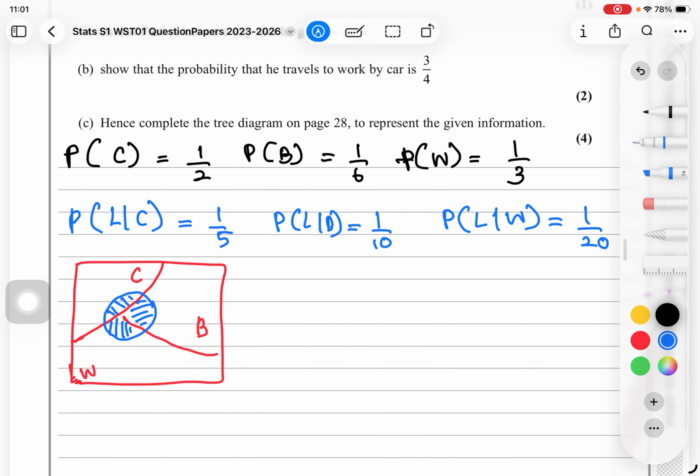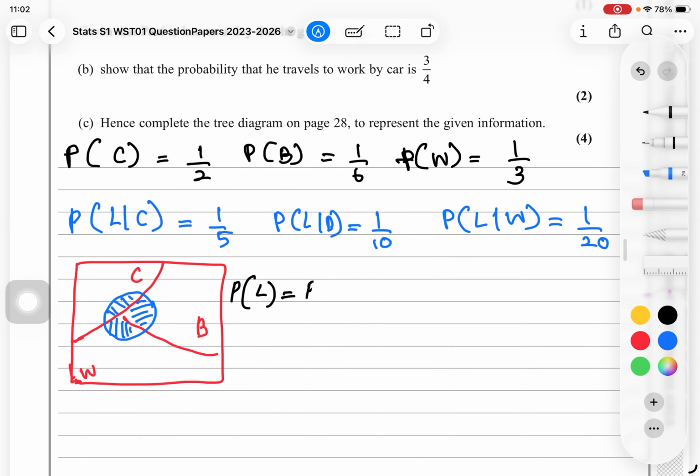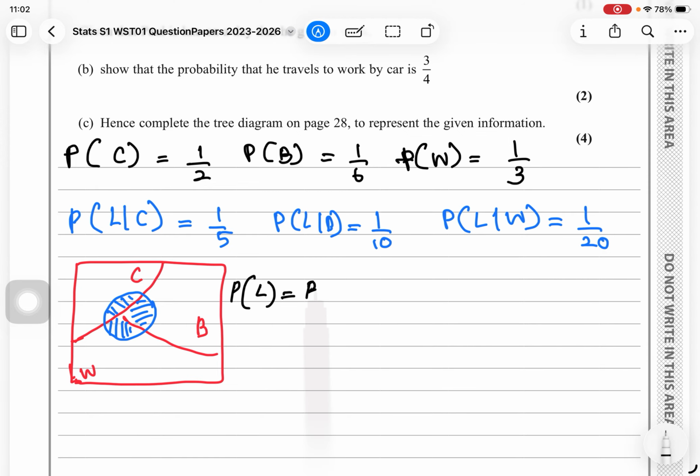So the probability of being late is the probability of being late with car, plus being late and coming by bicycle, plus being late and coming by walking.